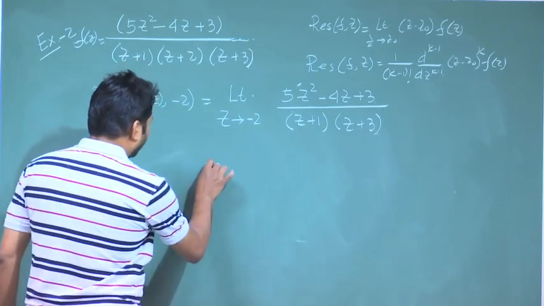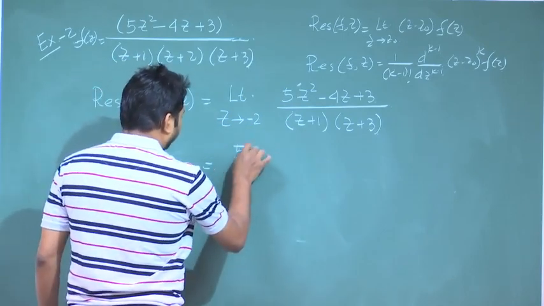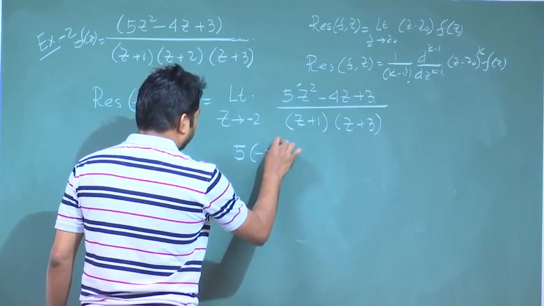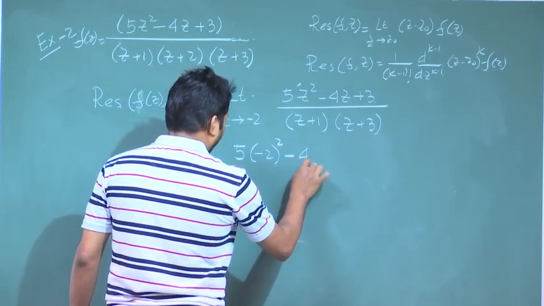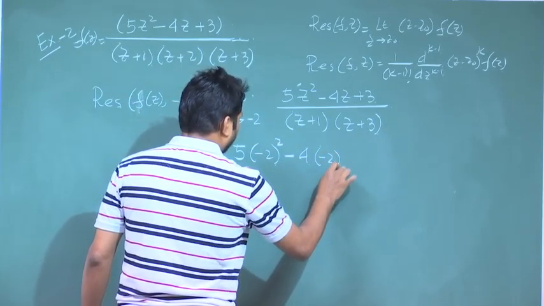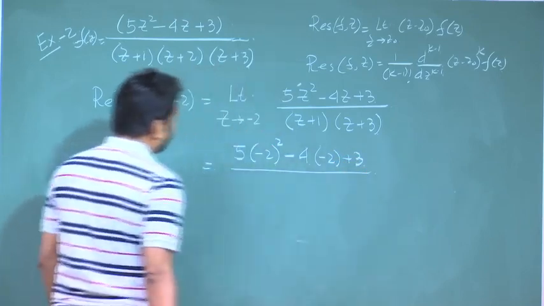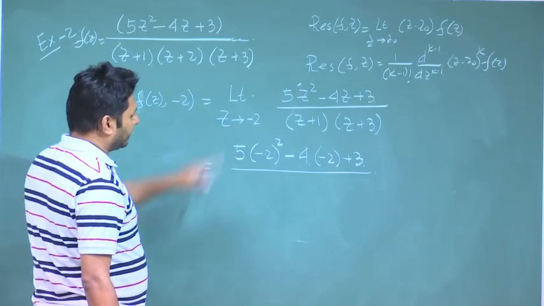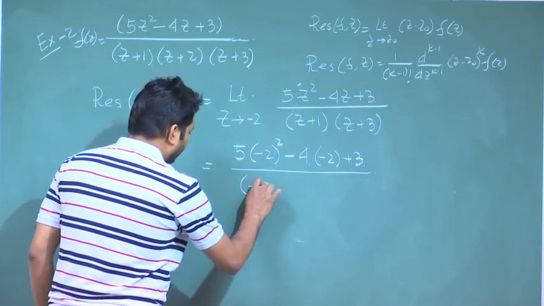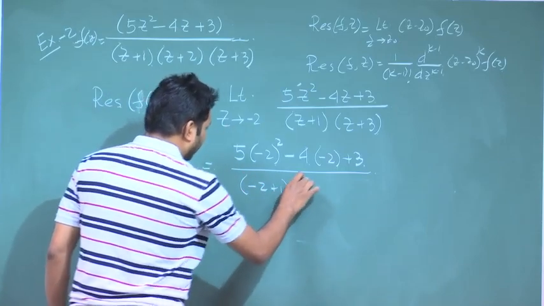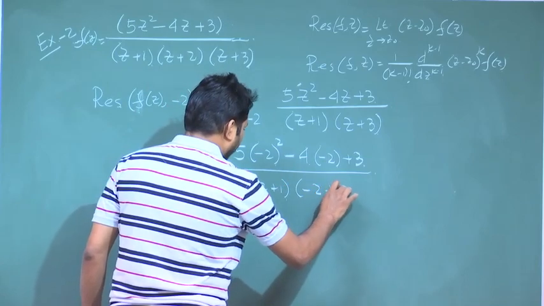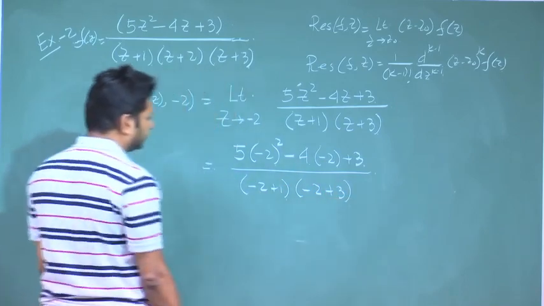Z plus 2 will cancel out because I multiply by z plus 2 and z plus 2 is already there in the downstairs. So, now I have 5 times (minus 2) square minus 4 times minus 2 plus 3. If I evaluate this at minus 2, it is divided by minus 2 plus 1 times minus 2 plus 3.